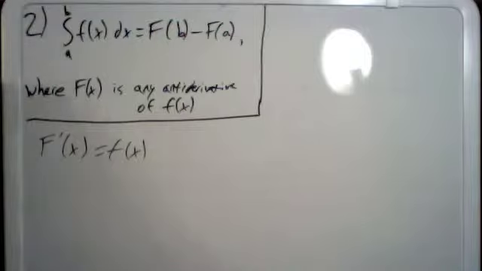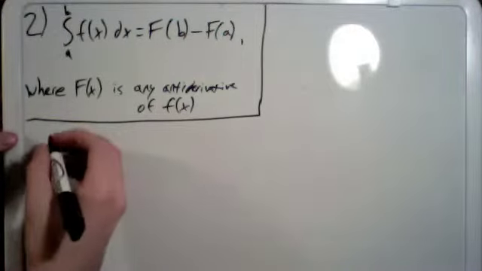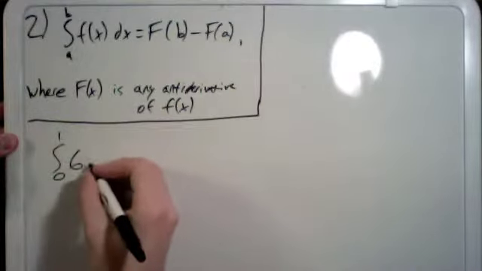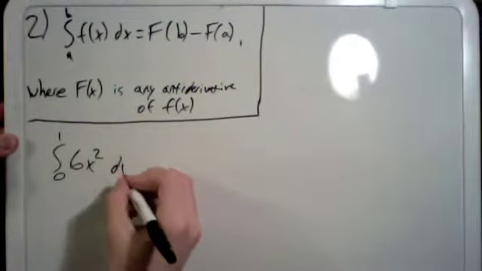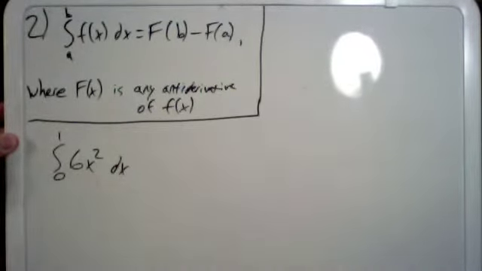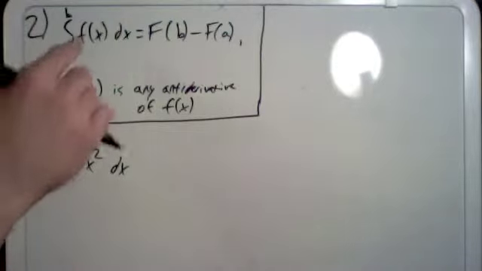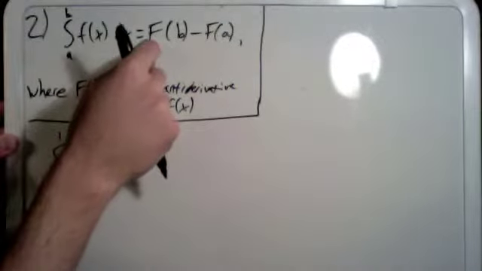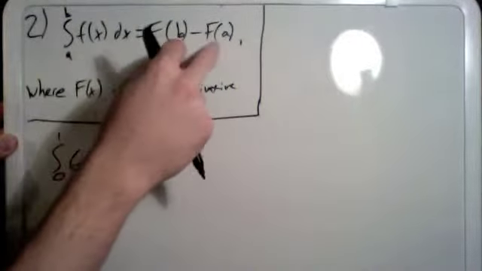To really understand this, we need an example. So we're going to use the example of the integral from 0 to 1 of 6x squared dx. Alright, so now this 6x squared is our f of x. Our a is 0 and our b is 1. And we need to know what uppercase F of x is, so we can do this.